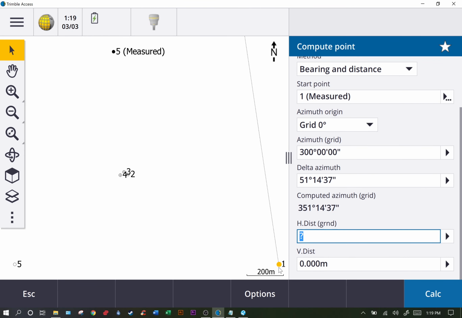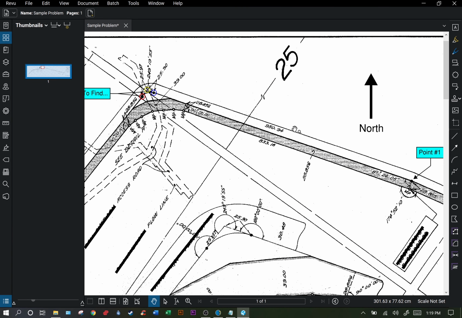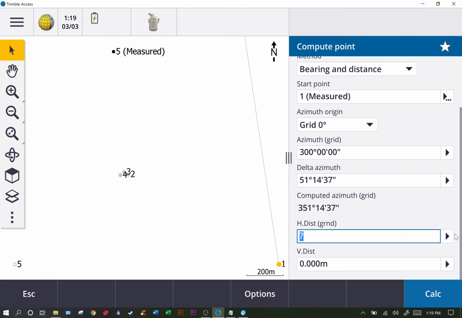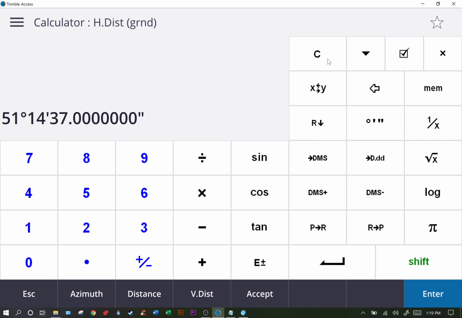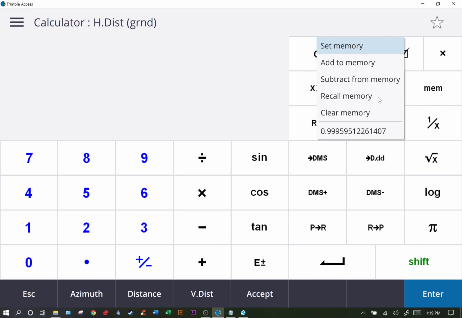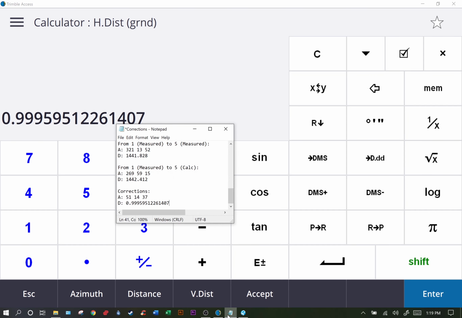My horizontal distance is going to be this distance, 950.94, multiplied by my scale factor correction. So if I go into my calculator here, I'm going to type in my scale factor, and actually, I might already have it here. 0.999595122 61407.